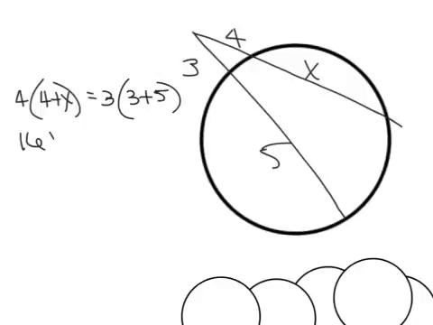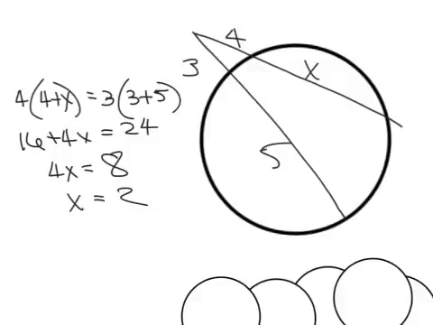So we get 16 plus 4x equals 24. 8 times 3. 4x equals 24 minus 16, so that's 8. So x equals 2. So that is going to be how long that is.